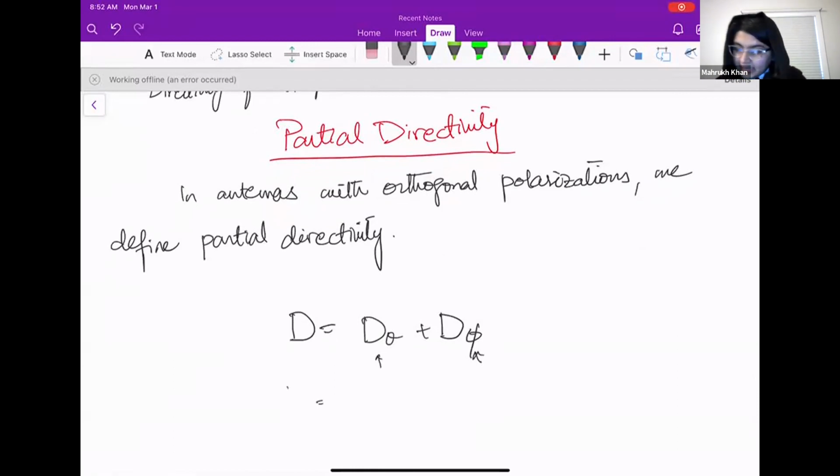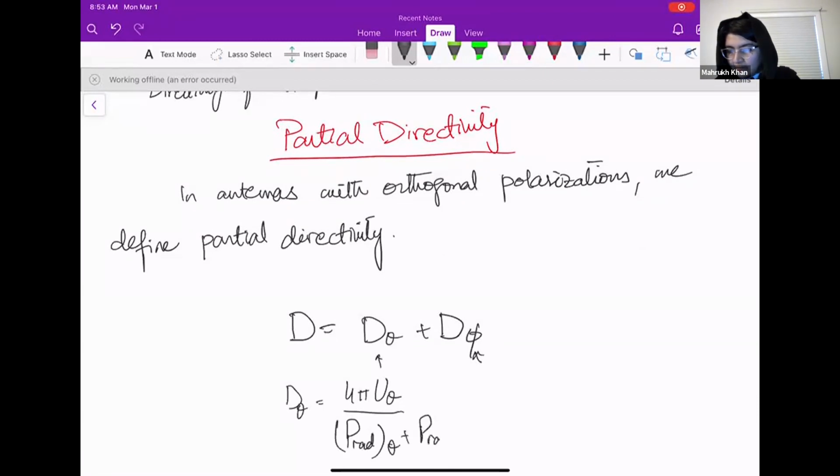D theta is 4 pi U theta over the total radiated power, and D phi is 4 pi U phi over the total radiated power.